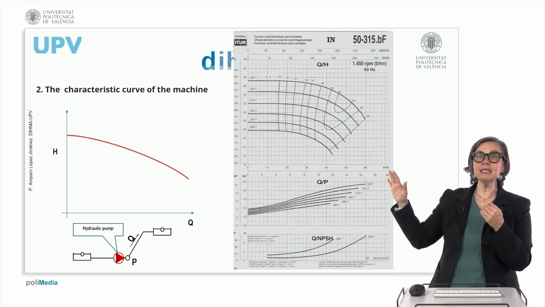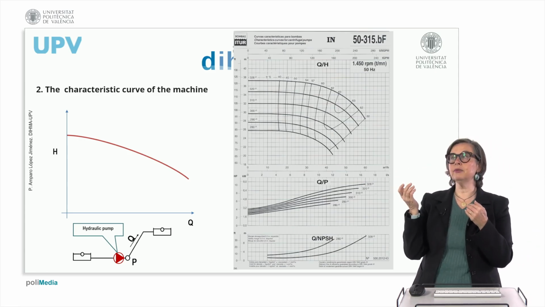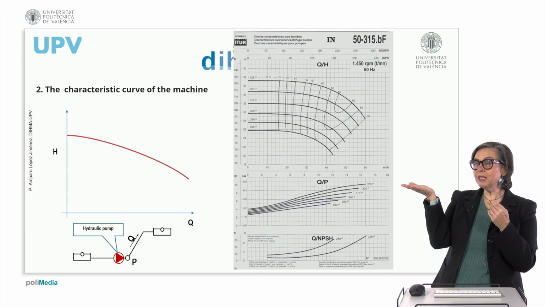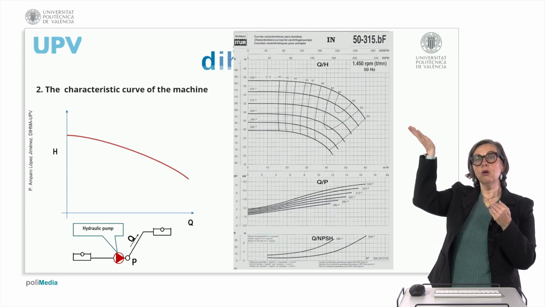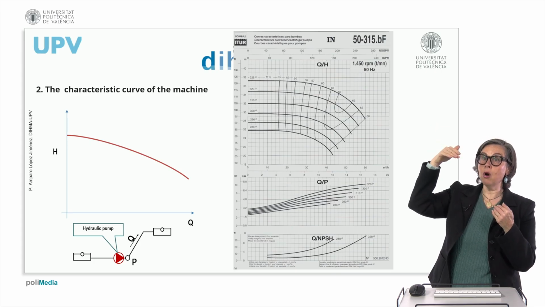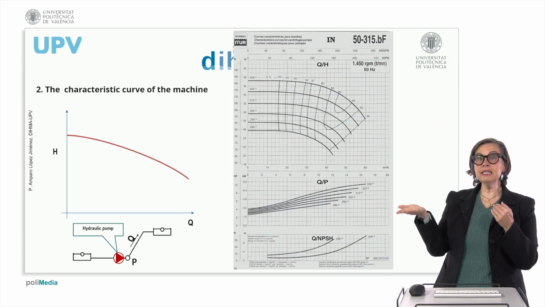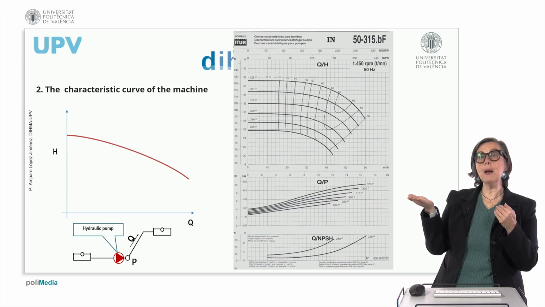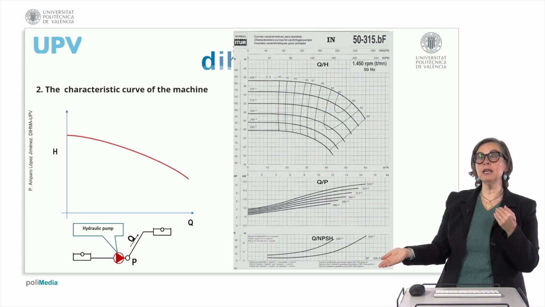On one side, we have the characteristic curve of the machine. The machine is represented by the curve of this relationship between flow and pressure, this relationship between power and flow, and this relationship in terms of cavitation curves and flow.